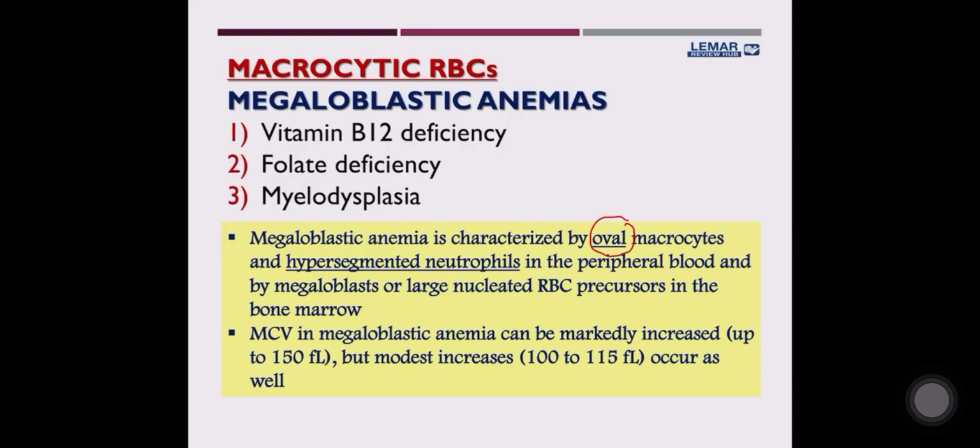Huwag kakalimutan, oval macrocyte, hypersegmented neutro, and oval Jolly bodies in red cell are characteristic of megaloblastic anemia. In megaloblastic anemia, MCV value can be as high as up to 150 femtoliter, although sometimes MCV value can range from 100 to 115 femtoliter.